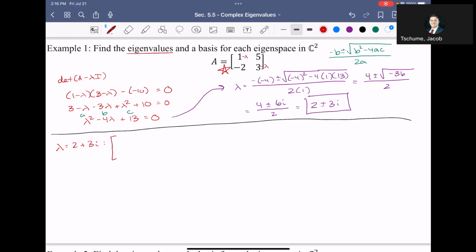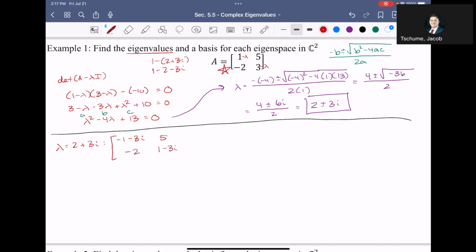Now keep in mind, since for example in the top left corner, you're going to do 1 minus 2 plus 3i, don't forget that you are distributing the negative to both terms, so you actually get negative 1 minus 3i. The 5 and the negative 2 don't change. And then if you do 3 minus 2 plus 3i, you're going to get 1 minus 3i.